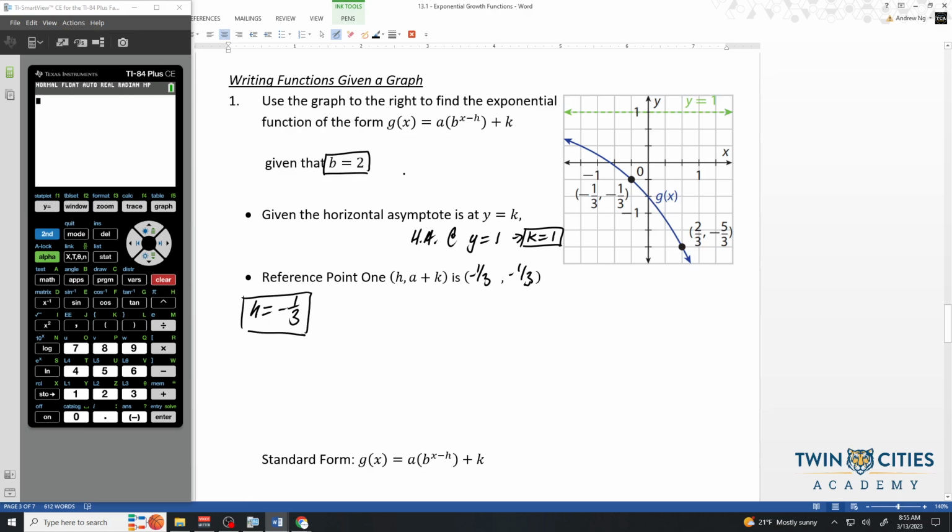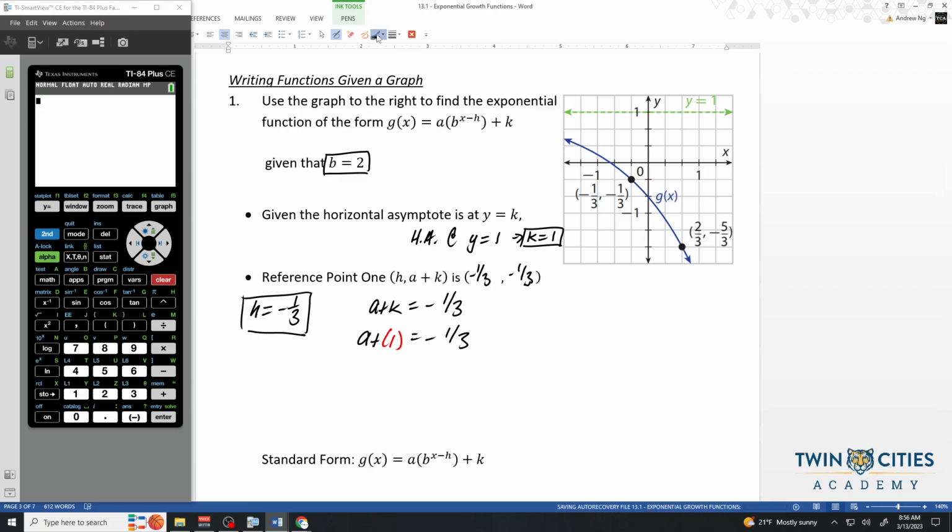So I've got b, h, k. I just need to find a. All right, then I know a plus k equals negative 1/3 as well. And since I found earlier k equals 1, then I can say that a plus 1 is equal to negative 1/3.